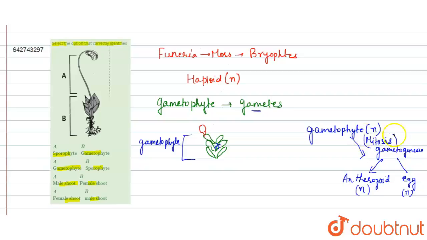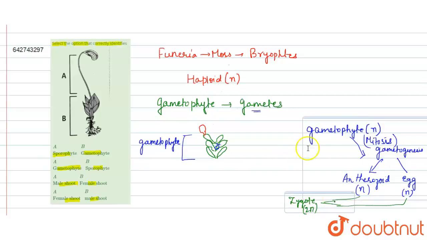As a result, two gametes will be formed, one male gamete and one female gamete. Then fertilization will take place, meaning these two n will combine to form a structure known as the zygote, which will be diploid in nature, 2n.